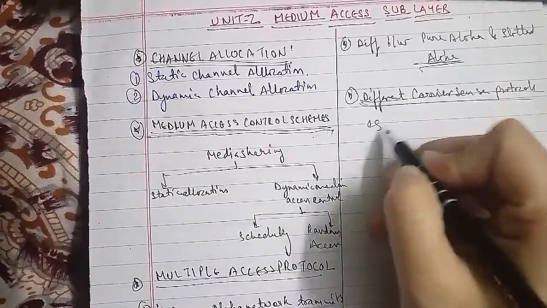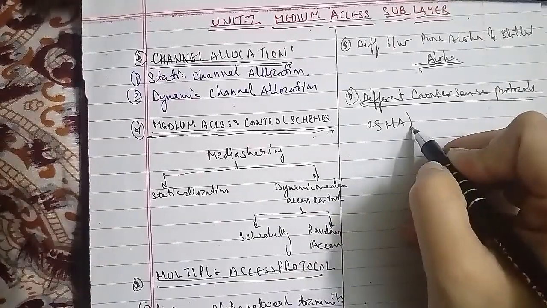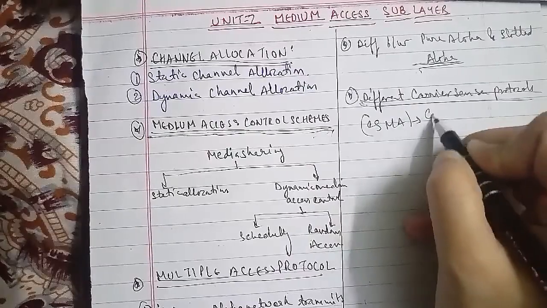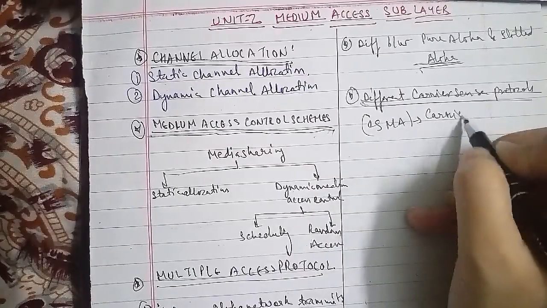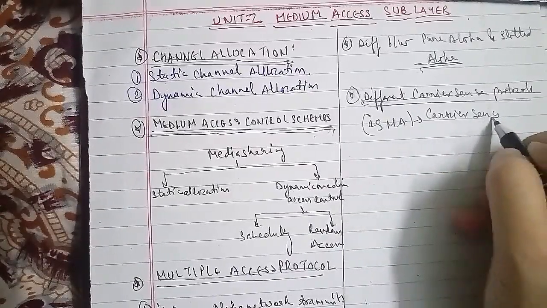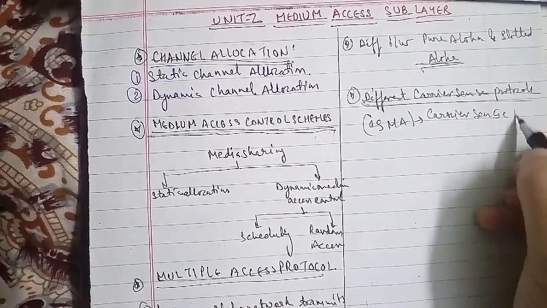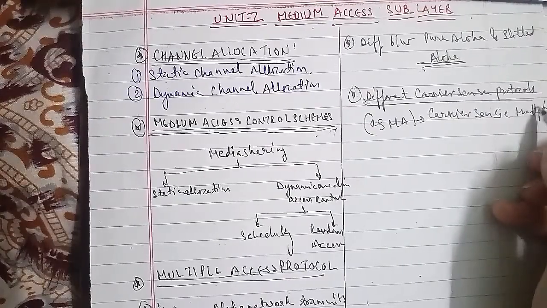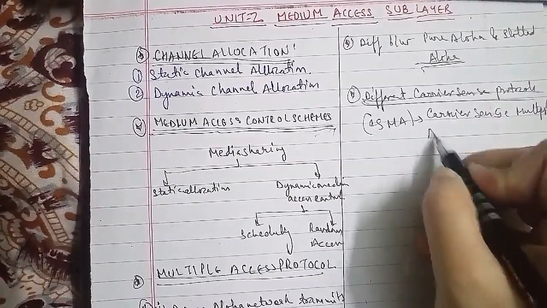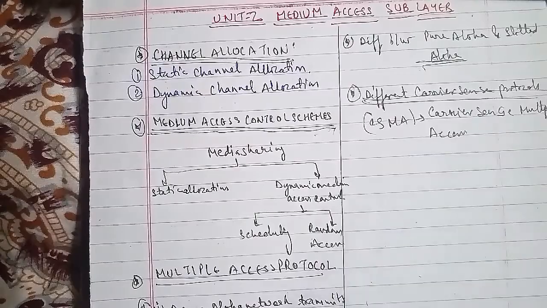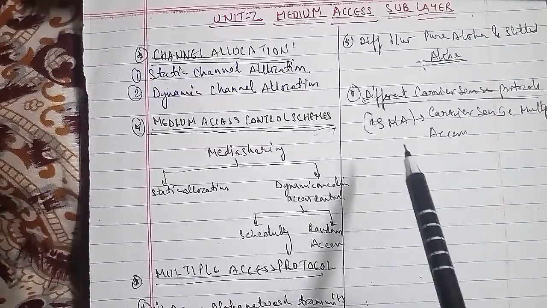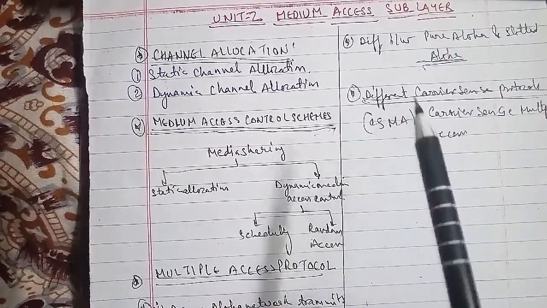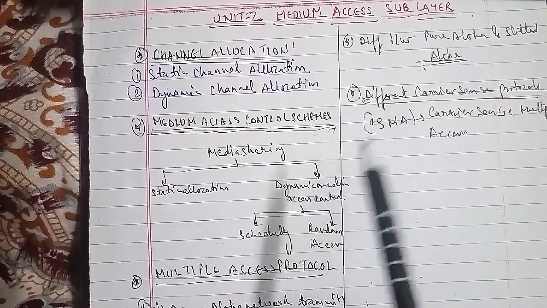In this regard, the protocols are non-persistent CSMA, 1-persistent CSMA, and P-persistent CSMA, and all three protocols differ by the actions taken by a station after sensing the state of the channel.